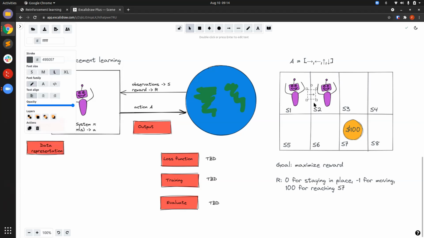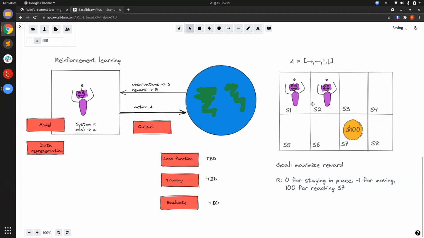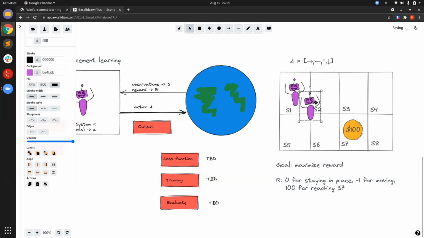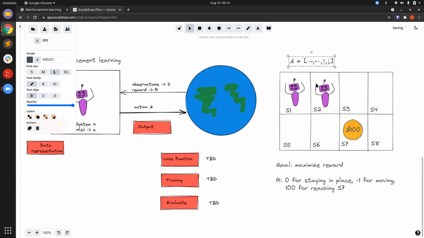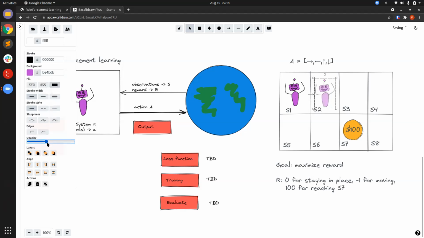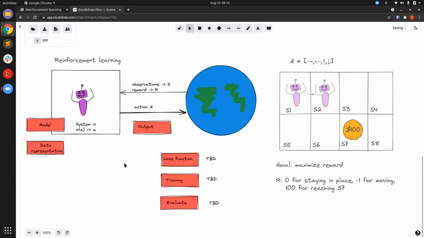But we could also define a stochastic state transition function, where if the robot decides to move right, well, with maybe 50% probability, the robot will actually move to the next state. But maybe there is also a 50% probability that the robot will encounter a wall and not be able to move.